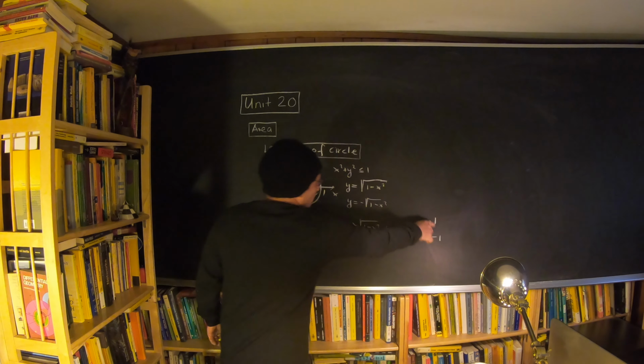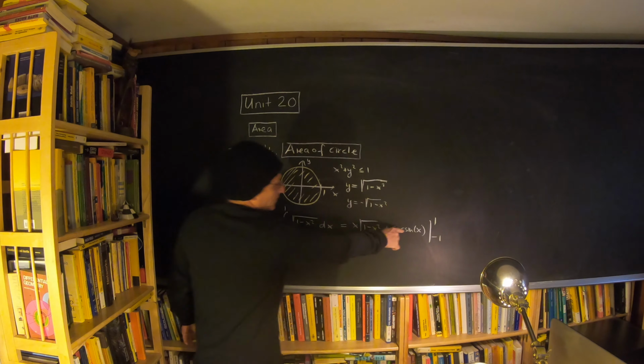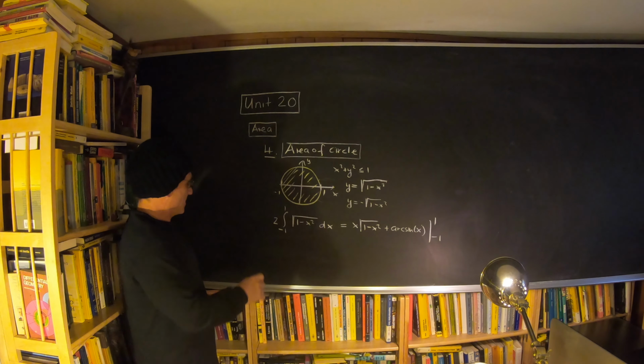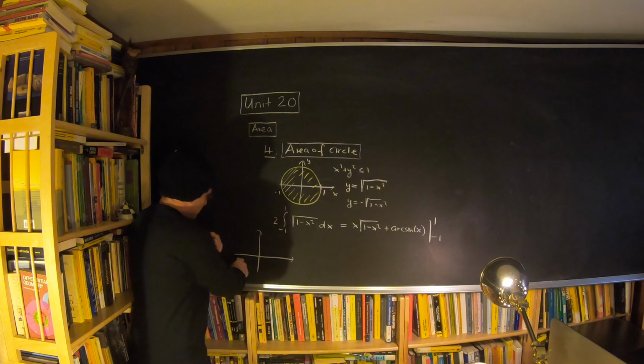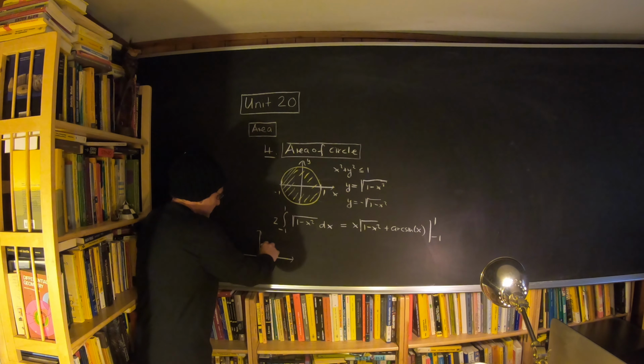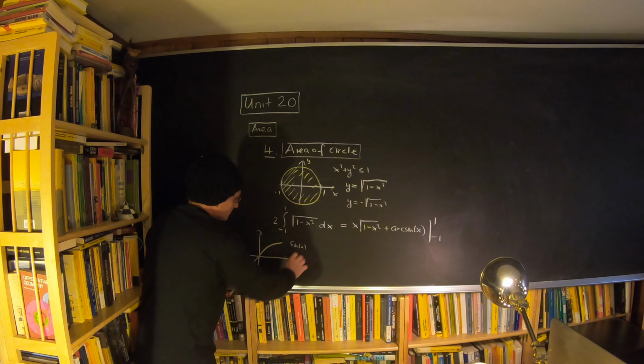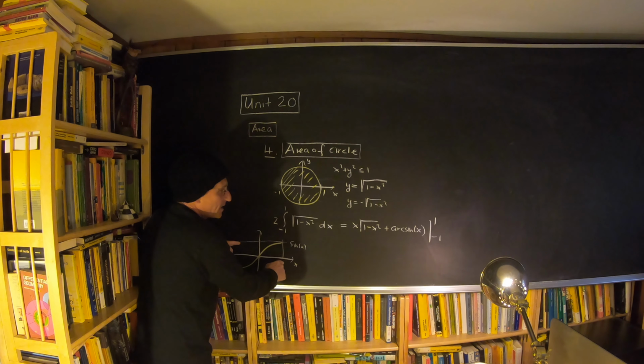And if you plug in 1 and minus 1 here, we get 0. If you plug 1 and minus 1 here, let's just see, the arc sine is a little bit of a tricky beast. So we have here the sine function, and we have to look at what x value gives us a 1. That's the arc sine.